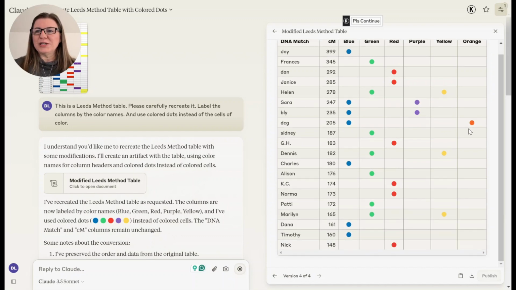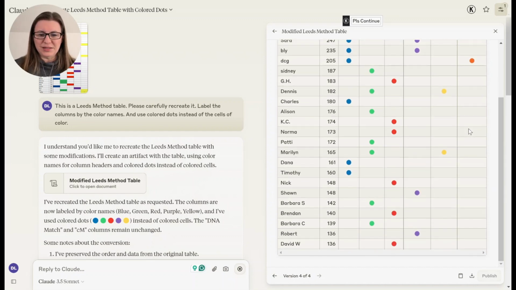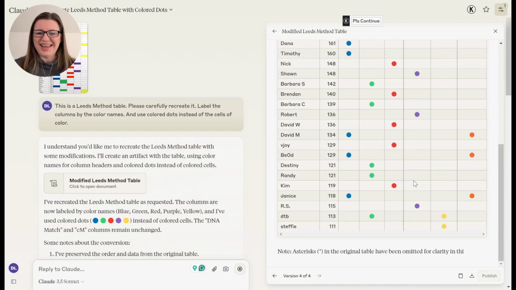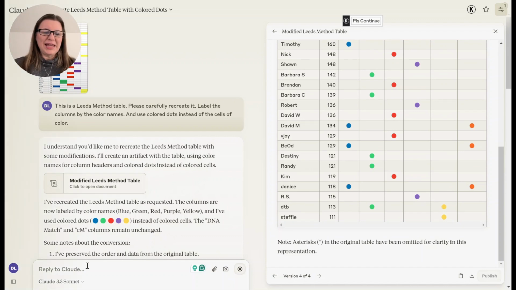So there, the orange there, and then we should have David M, and Beode, and Janice. So we're great. Now I'm going to say, when doing the Leeds method, and I will put this down below in something where you can copy and paste it into your own chatbot, your own Claude.